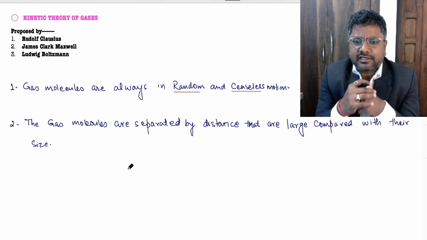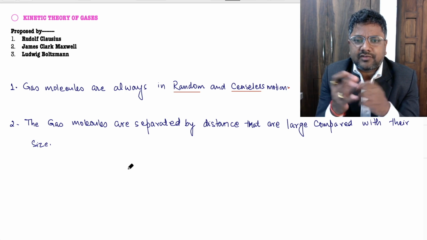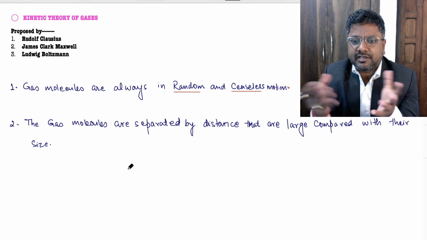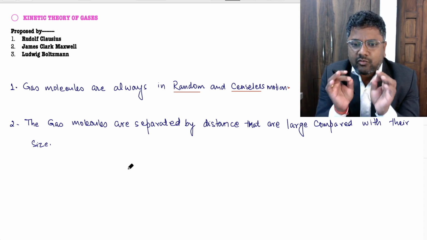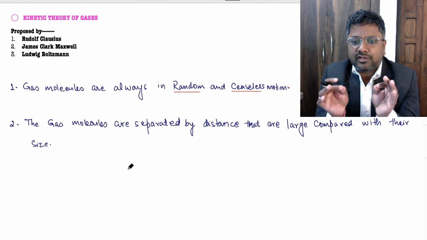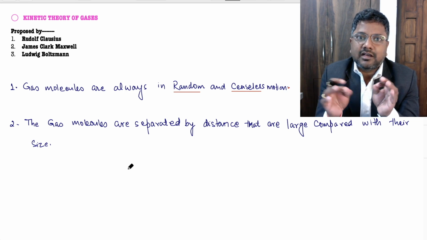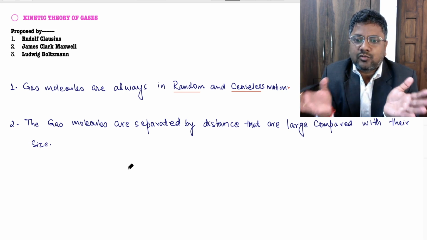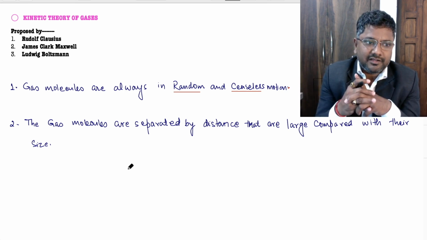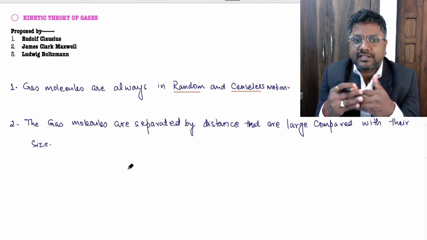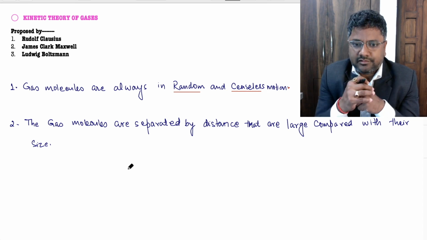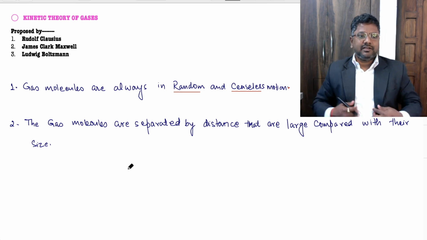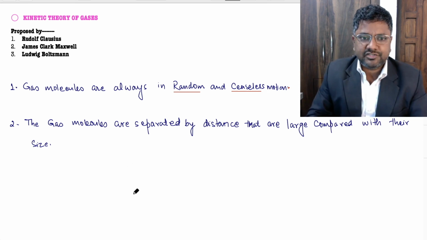Actually, this point of the kinetic theory of gases is also simplified this way: the volume of a gas molecule is negligible compared to the total volume of the container. What I am trying to say is that the gas molecules are identical and very, very small, right? So this is the meaning of this point.